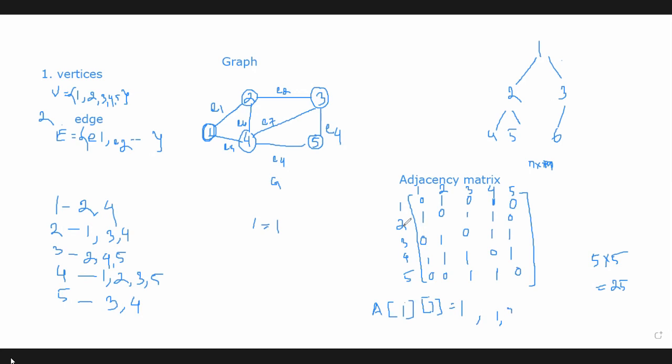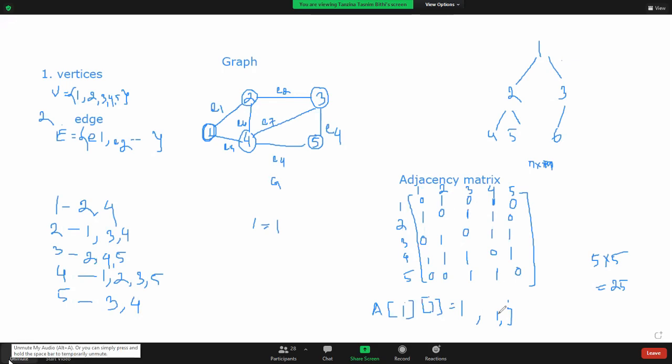So look at this here, A[2][3]. I equals 2 and J equals 3. What is the value of that cell? 1, which means that 2 and 3 are adjacent nodes. Okay, what about 3 and 3? Here I equals 3, J equals 3, and the value is 0. That means they are not adjacent. Is it clear what adjacency is?